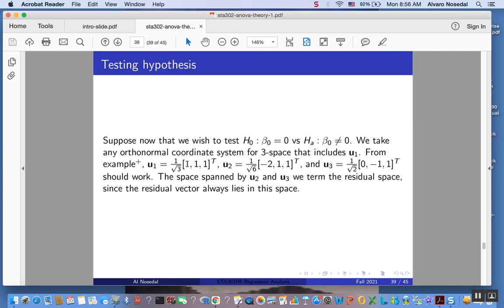So instead of using the vector v1 being 1, 1, 1, right? If I normalize that guy 1, 1, 1, clearly the squared norm of 1, 1, 1 would be 1 square plus 1 square plus 1 square, right?